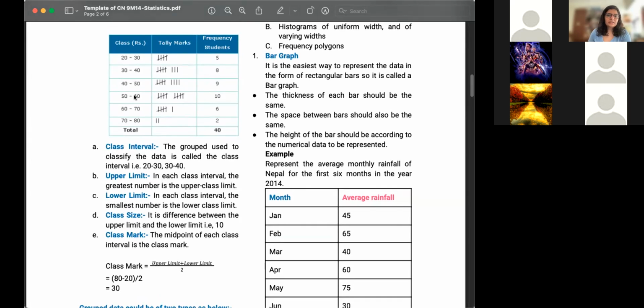You may be asked objective type 1 mark questions based on these. So first, when you're grouping it in a particular range, let's take this particular table as an example. Here 20 to 30, 30 to 40, 40 to 50, 50 to 60, in groups of 10, you're putting it in those classes. First thing, what do you mean by class interval?